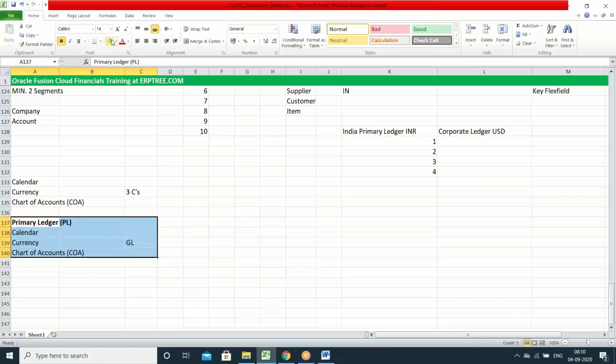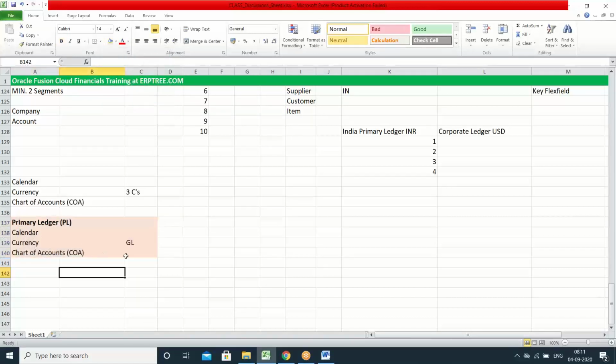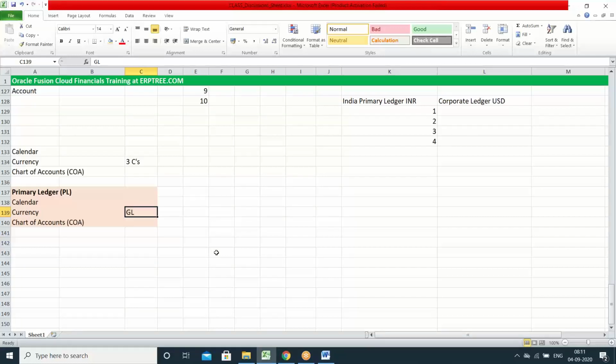But we have many other applications. If you want to record the transactions in all the applications along with this calendar, currency, chart of accounts, we have to include one more component.